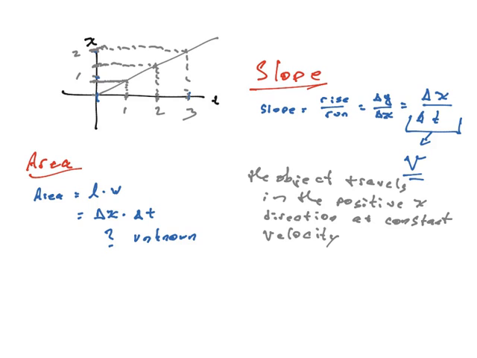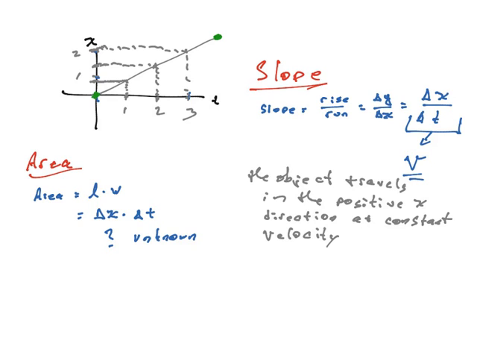I look at this line and I see it's a straight line. Straight line means it doesn't have any kinks, it doesn't have a curve, it's just perfectly straight. Perfectly straight lines have constant slope. The slope does not change. If it's a constant slope, and the slope means velocity, then the object has constant velocity.